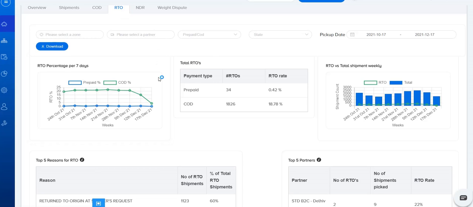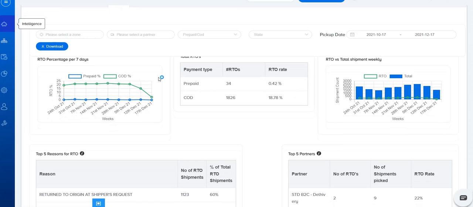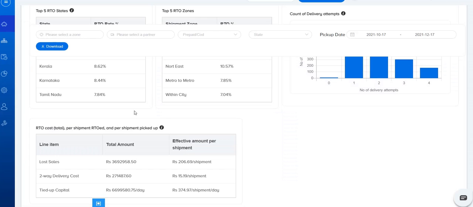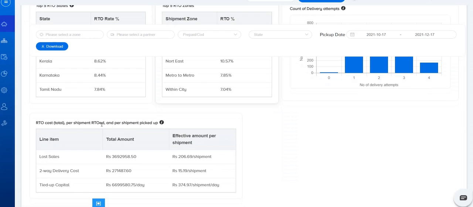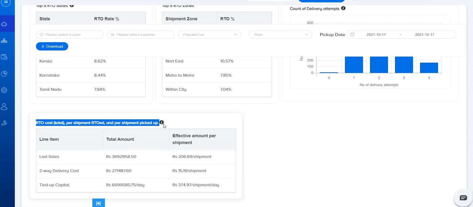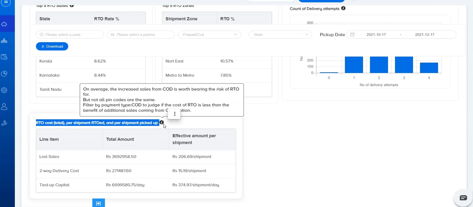RTO incurs a two-way cost and does not yield sales. So it is a cause of concern for shippers.